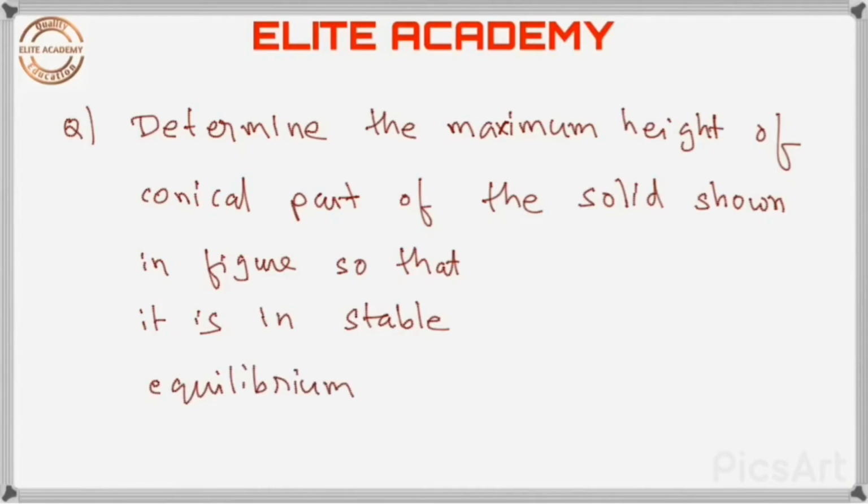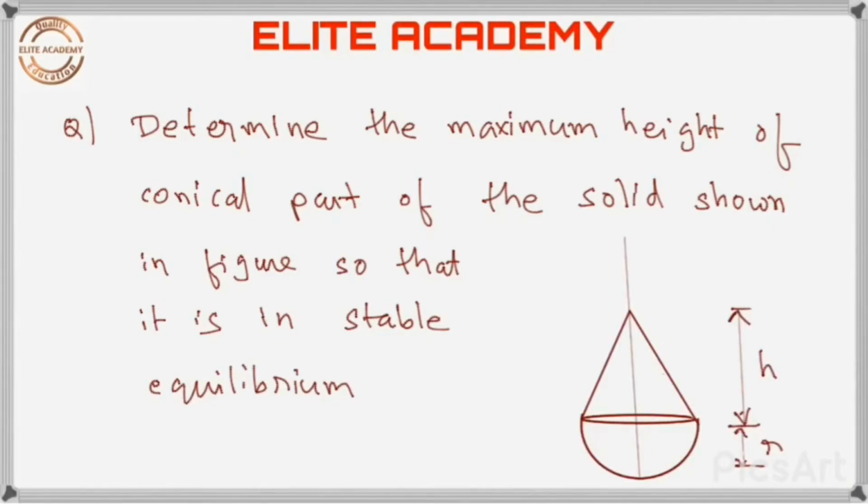The figure is as shown. R is the radius and h is the height of the conical part. Let us find out how to determine the maximum possible height of the conical part.